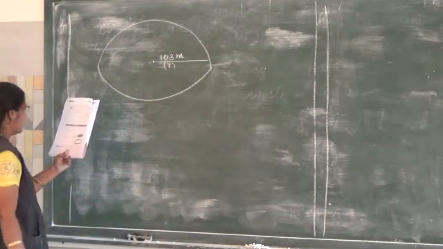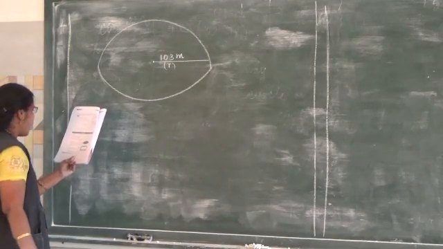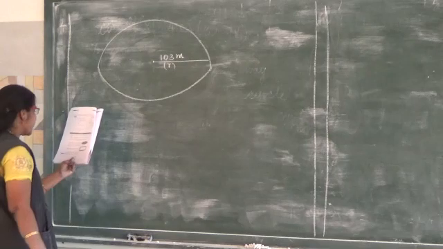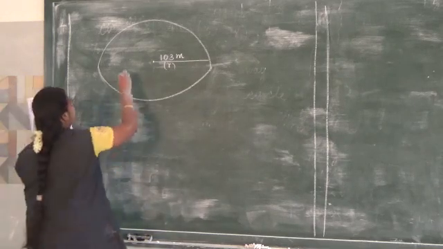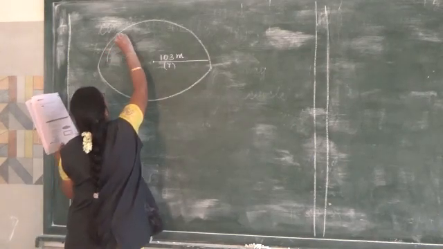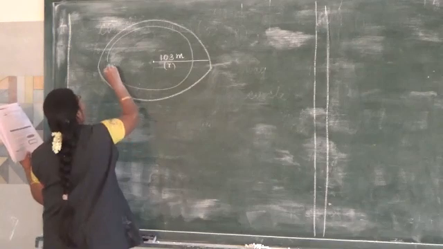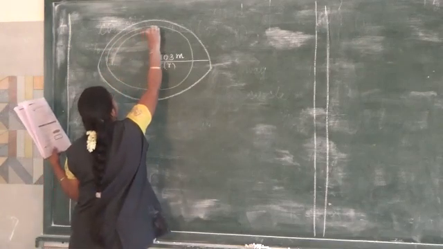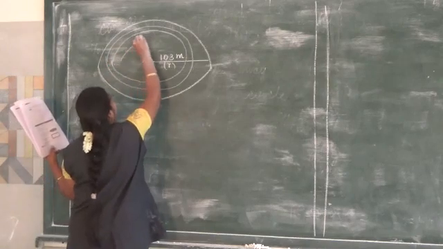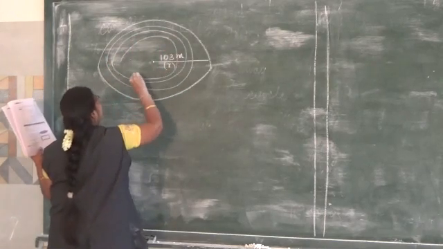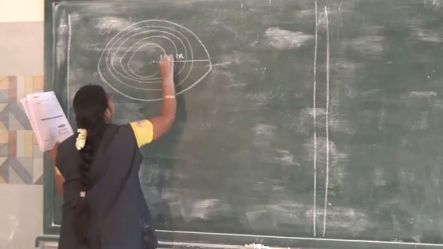Four tracks, each of 3 meter wide, has to be constructed inside the ground for the purpose of track events. So inside the ground, there are 4 tracks like this. First track, second track, third track, then fourth track.